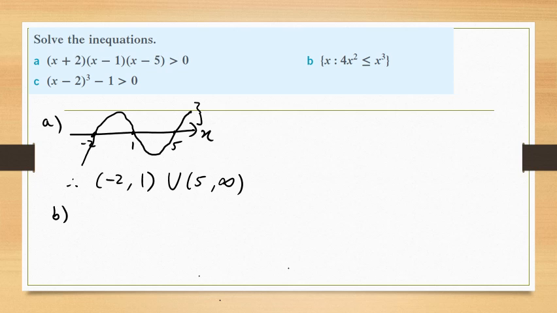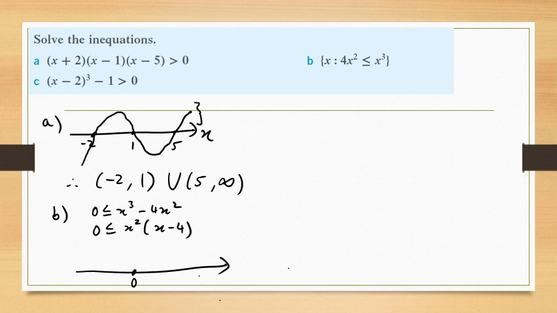For part B, rearrange it so that you have the x cubed, the x's on one side. Factorize it out. Then do a sketch. So this time we have a 0 with a turning point because it's x squared.